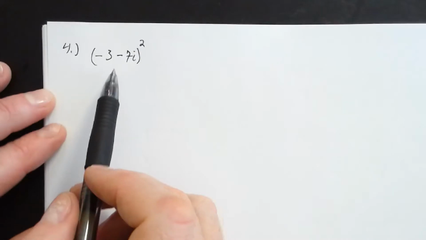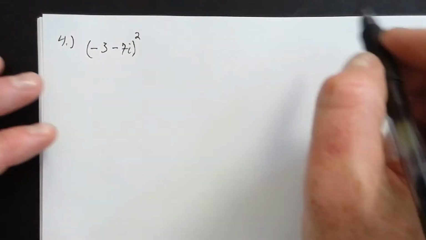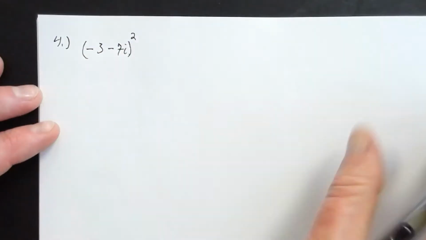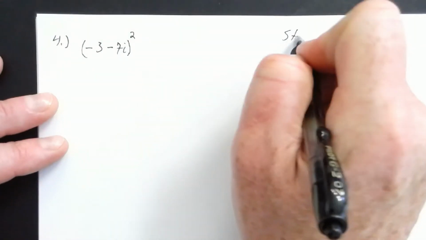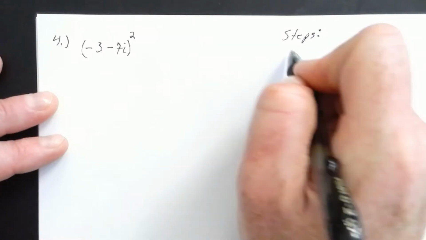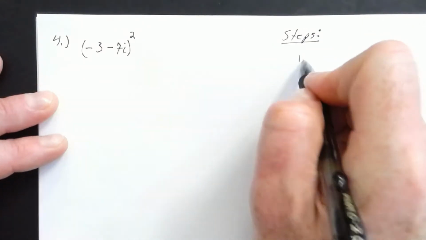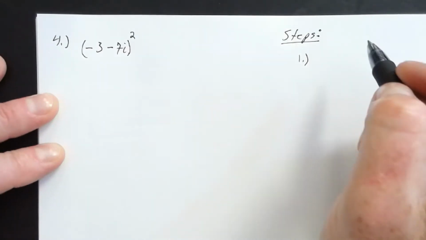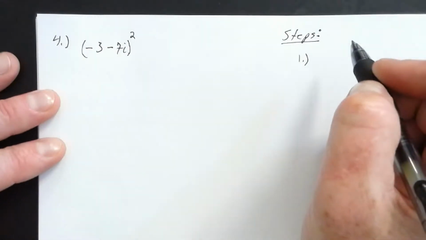What do we notice about this here? So it's a square of itself. Exactly. And so what we have here is we have to expand the binomial.